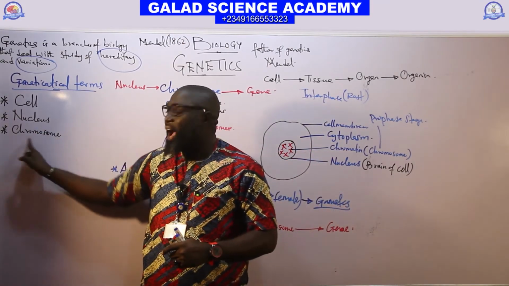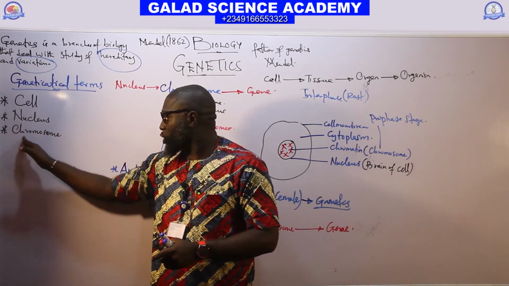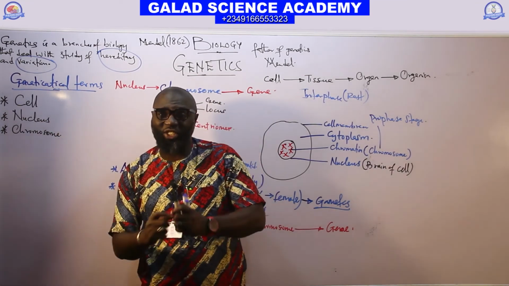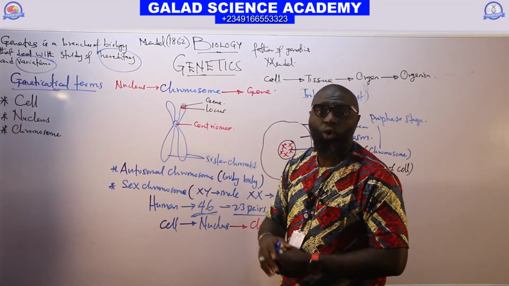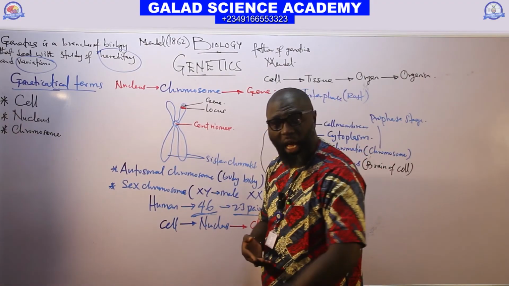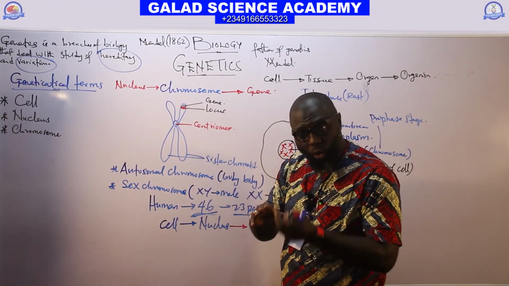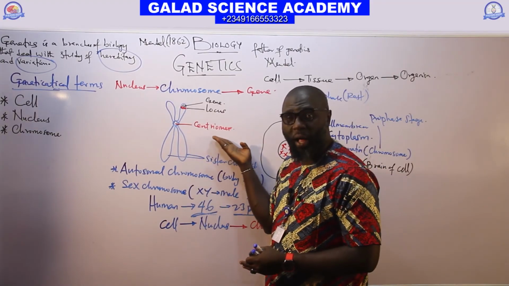Inside the nucleus, we have chromosome, because nucleus contains genetic material, which is chromosome. A chromosome is a thread-like structure that consists of two sister chromatids, one at lower arm, one at upper arm. The two arms of the sister chromatids are joined together at the center called centromere.